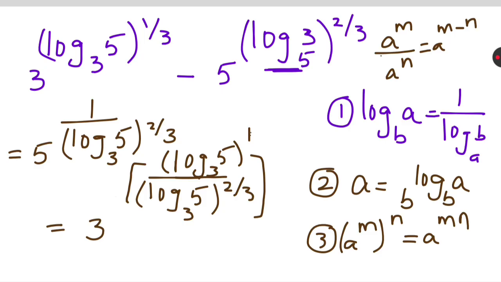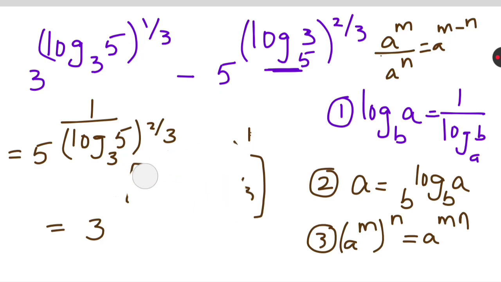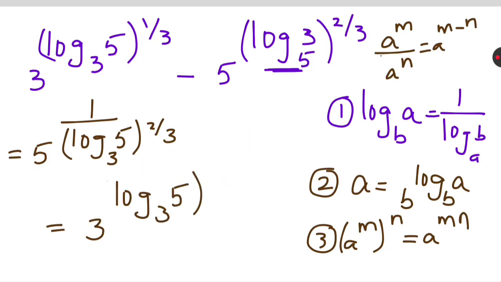Numerator the power is 1, denominator the power is 2 over 3. So after doing 1 minus 2 over 3, we get only 1 over 3. So we can simply write this as log 5 with base 3 whole raised to the power of 1 over 3.